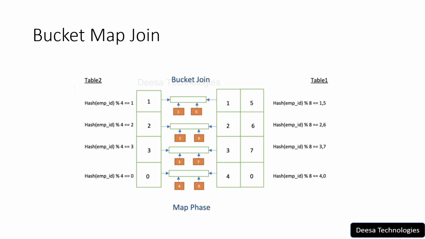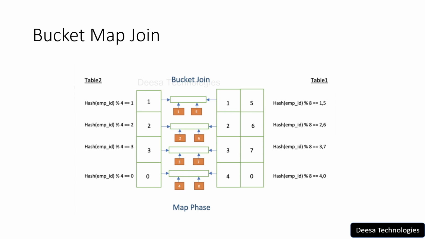So this is how the bucket map join works. Let's say you have two tables. Table 1 has 8 buckets. Table 2 has 4 buckets, right? So what will happen is the corresponding buckets will go to the same mapper. For table 2, buckets are based on modulus, so for bucket 1 you may have buckets 1 and 5 where the modulus is the same.